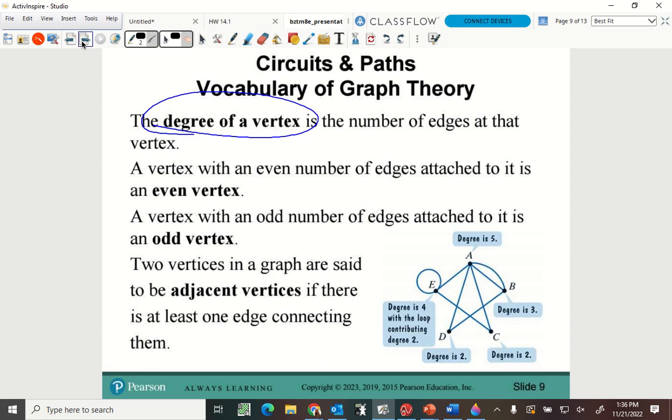A vertex that has an even number of edges attached to it is an even vertex. What are even numbers? Like 2, 4, 6, 8, 10. Hey, I'm serious. Someone earlier today could not tell me what an odd number was, so that's why I am putting it on record. It's going to be on the YouTube of what they are.